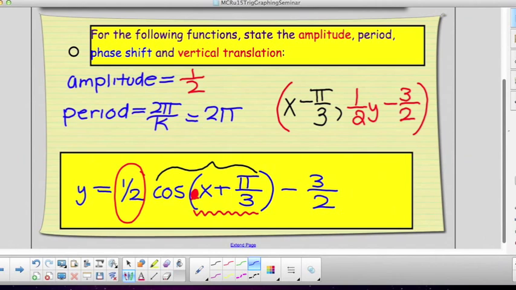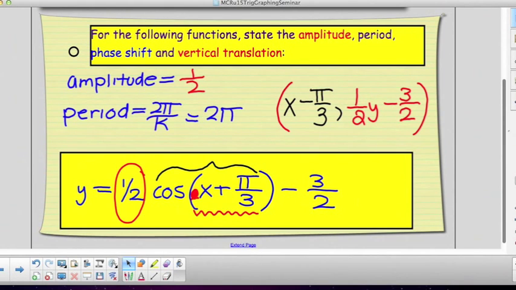Now, people confuse this often, and they think, oh, vertical compression means that the graph is going to be squished. That means my period is going to change. No, vertical compression is like if I had a beach ball on this desk and I was compressing it vertically. It's a vertical force like this, right? That is not the same as a horizontal compression, which would actually affect my period. Vertical compression only affects your y coordinates, has nothing to do with your period. Period is affected by your x.